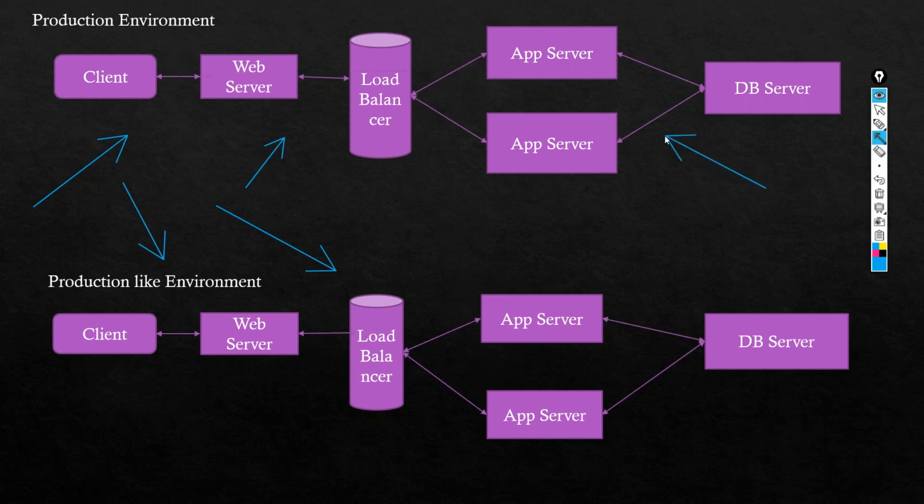Okay, here you can have 2 app servers, and you cannot have one or 3 or 4. It should exactly match. Only then will the tests you do in the testing environment, and the results and observations you provide, have some meaning, and you can tell the client confidently that your application will handle 1,000 users simultaneously.